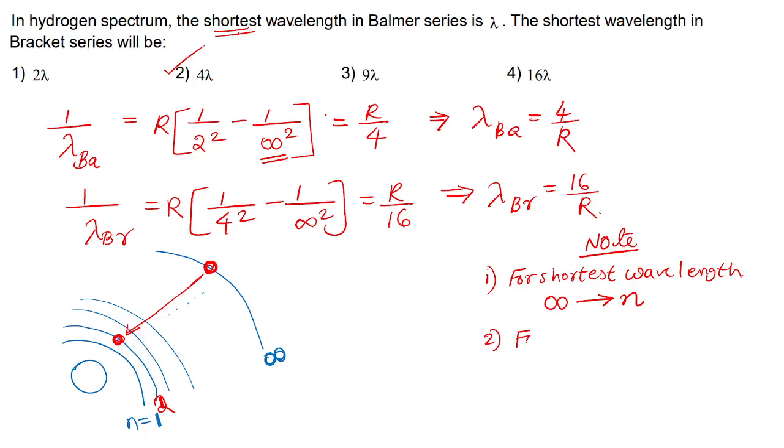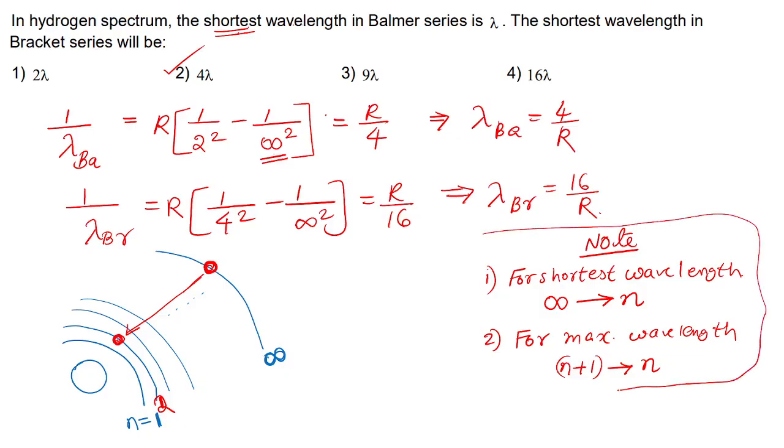And this one also you please memorize. For maximum wavelength, the jumping should be done from n plus 1 to n. So there are various possibilities.